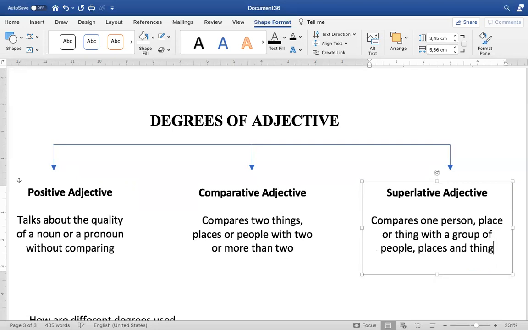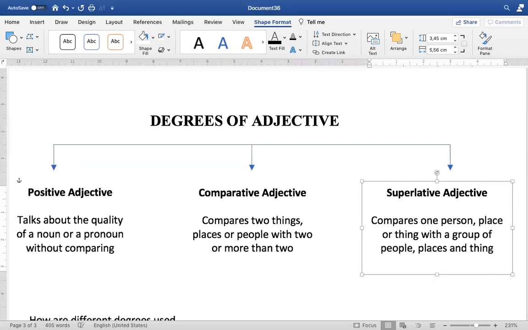Imagine I'm having 4 markers, and I'm comparing one marker with all my markers. Then I'll have to use the superlative form of adjective by saying my black marker is the newest of all my markers.